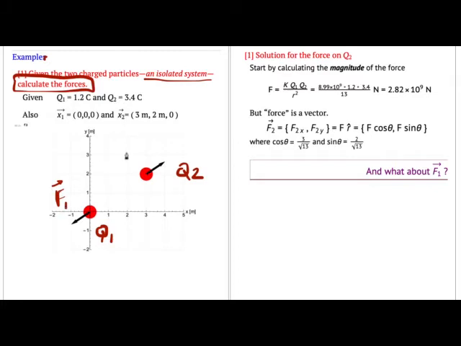That'll be half of the answer. And then there's F2. That's the other half of the answer. Because by Newton's third law, for every action, there's an equal but opposite reaction. So every interaction has two forces.